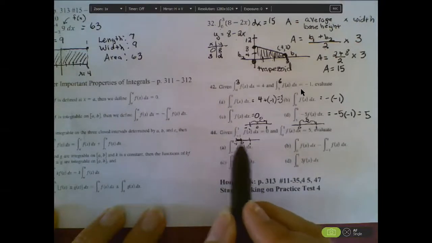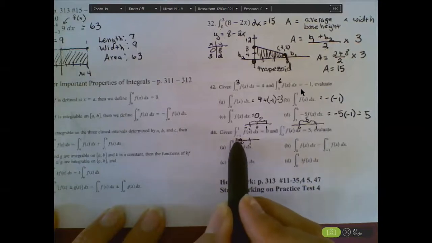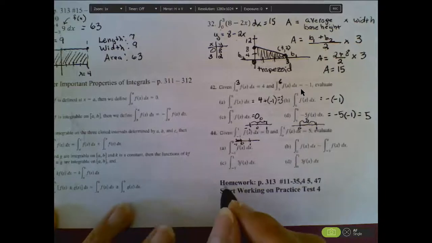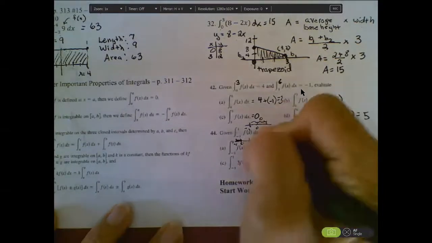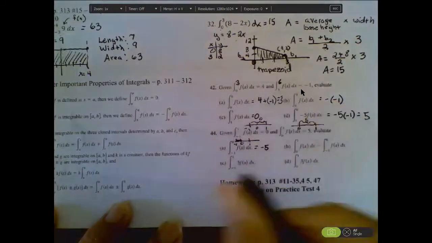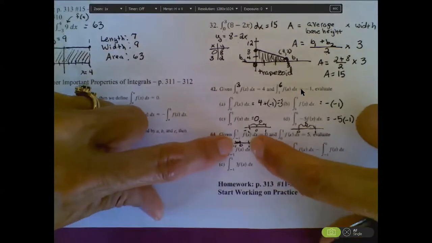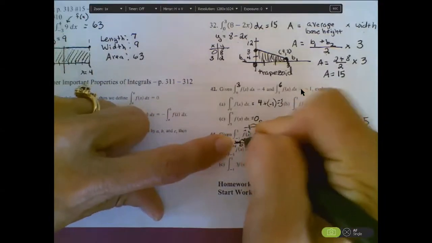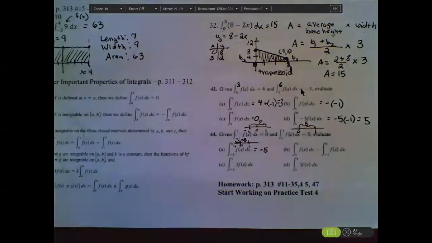From here to here is 0, and from here to here is 5. What does that mean this has to be? -5. Yeah. It's this whole thing from here to here is 0, and this little part is 5. Then this little part would have to be -5 for the whole thing to be 0.